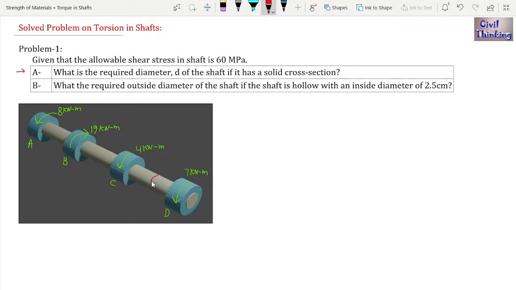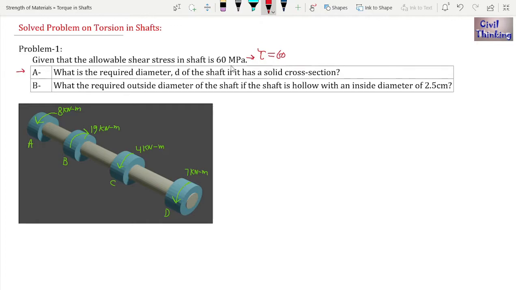Of course at some cross sections the shear stress will be more than at others, but whatever the maximum shear stress is in the whole shaft, that maximum shear stress should not exceed 60 megapascal. In other words, the maximum shear stress tau has to be equal to 60 megapascal.